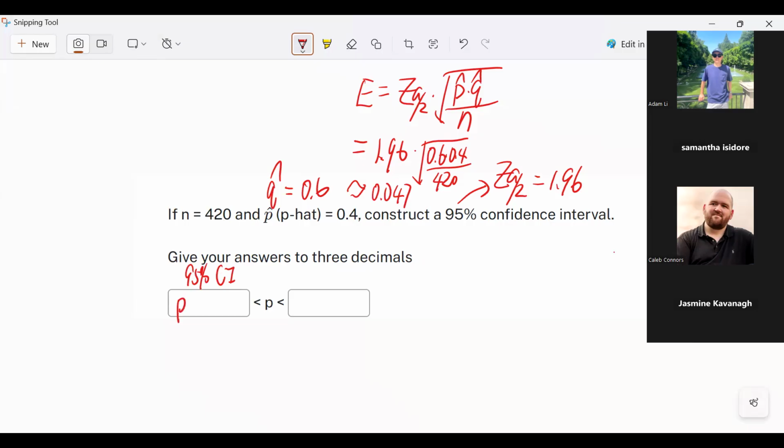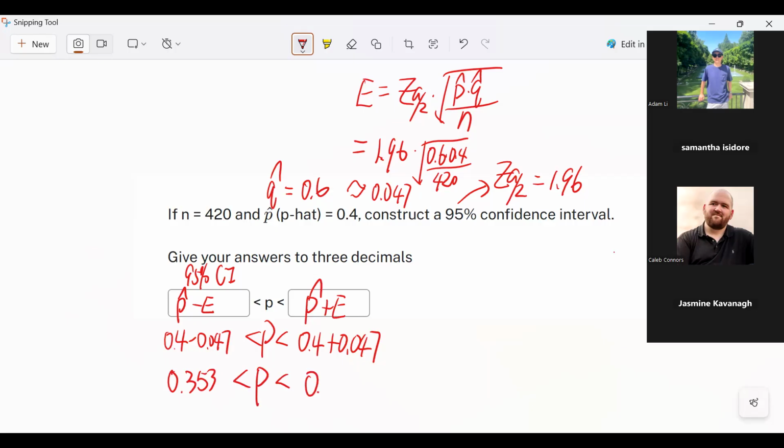Now we construct the 95% confidence interval. It will be p hat minus margin error, p hat plus margin error. This is going to be 0.4 minus 0.047, 0.4 plus 0.047. So our lower confidence limit is 0.353.